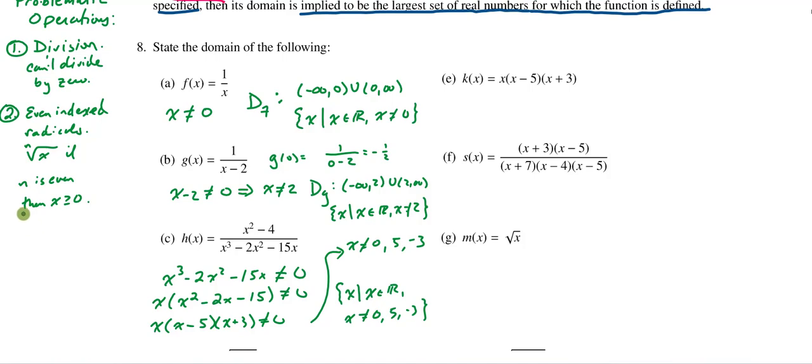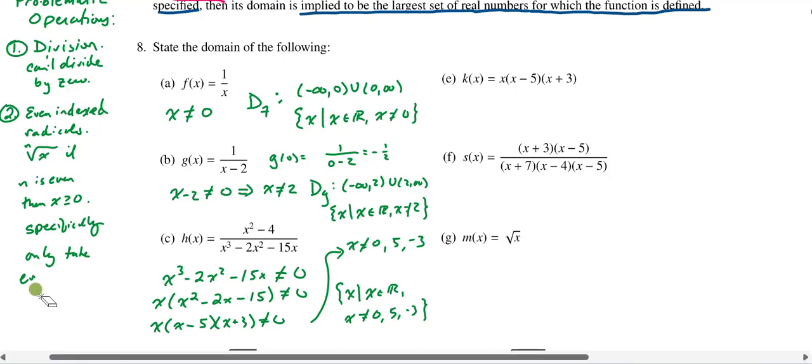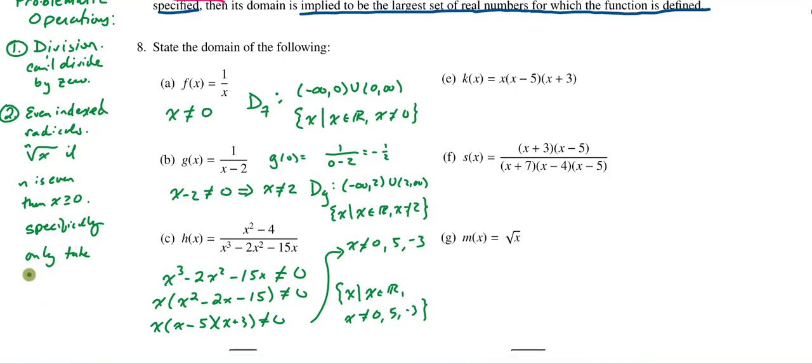Let's specifically mention, you can only take the even root, or excuse me, let me say that one more time. Specifically, you can only take square roots of non-negative numbers.